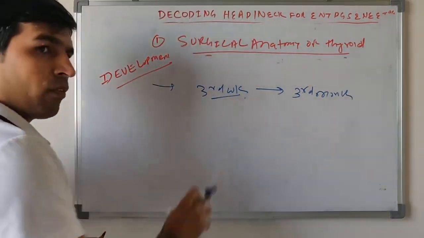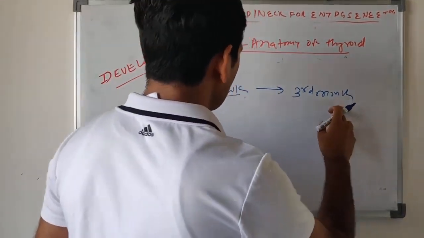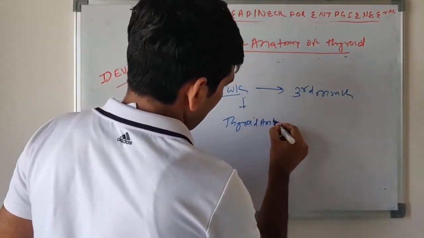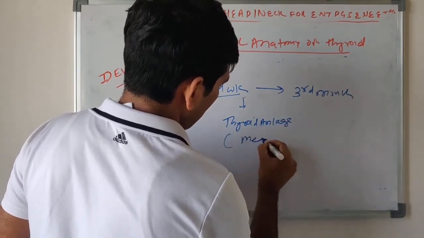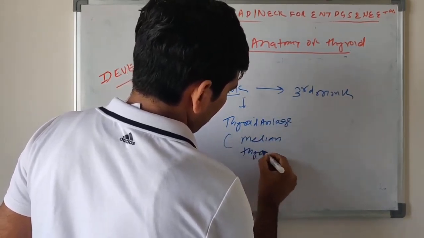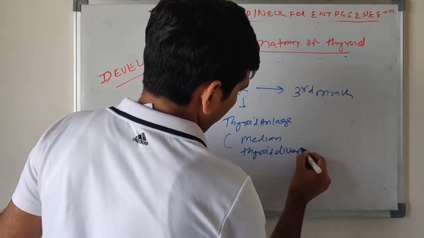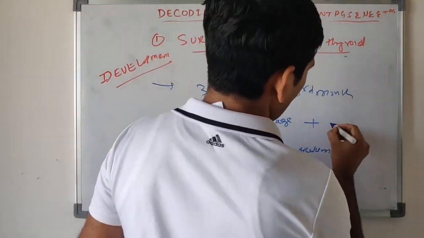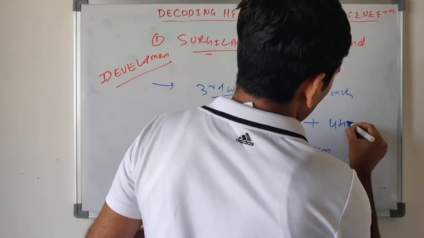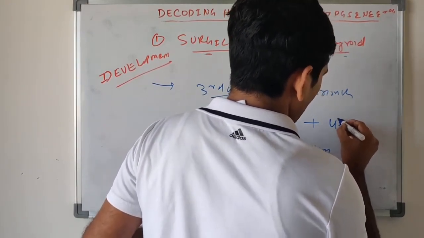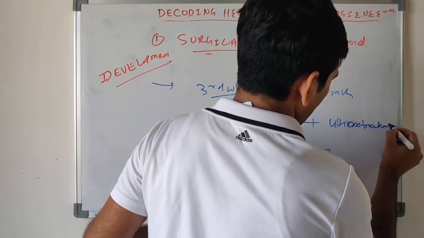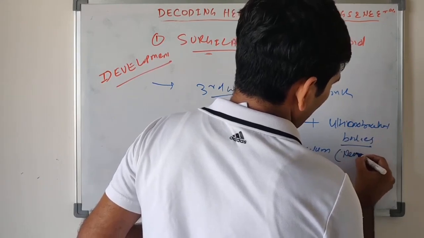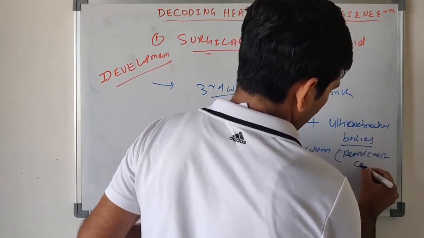It comes from the thyroid enlargement, or you may say the median thyroid diverticulum, plus the ultimobranchial body, which also comes from neural crest cells.